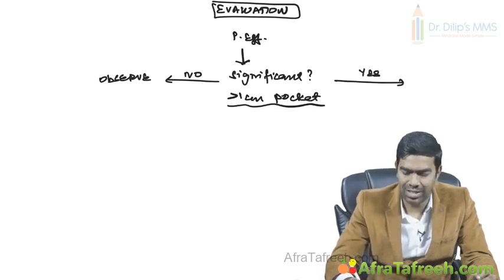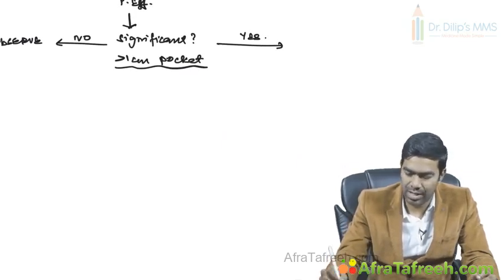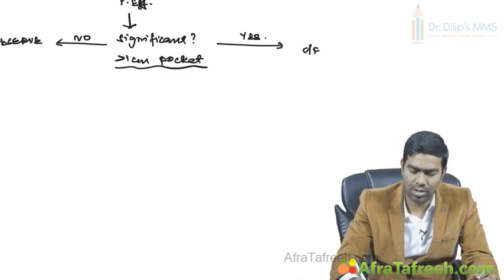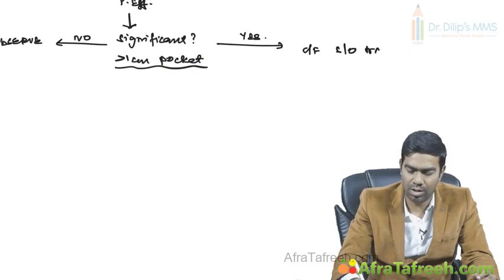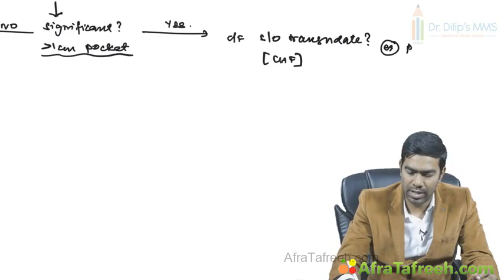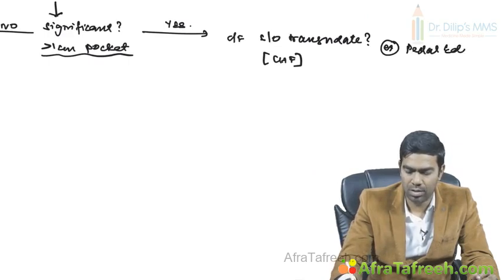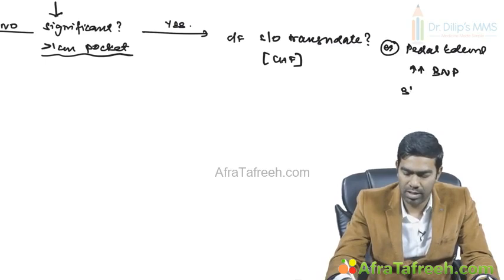If it is significant, then look for clinical features of a transudate. Very commonly you look for heart failure. For example, these patients may have pedal edema, elevated NT-proBNP in the serum, and bilateral basal crepitations.